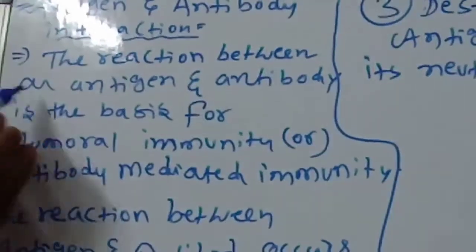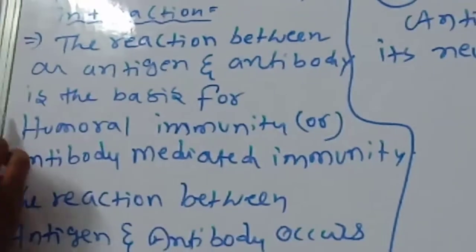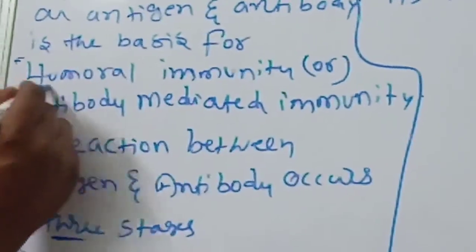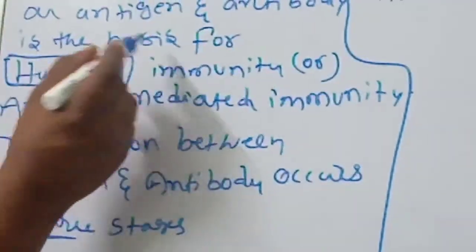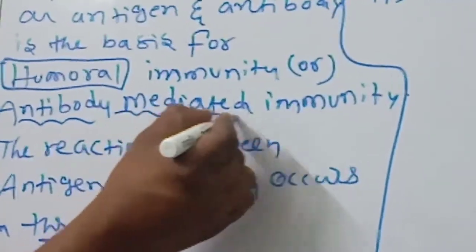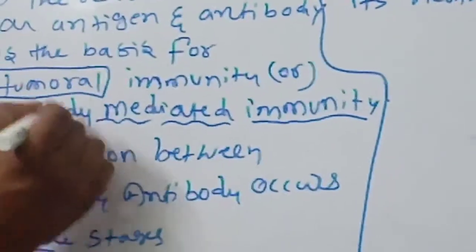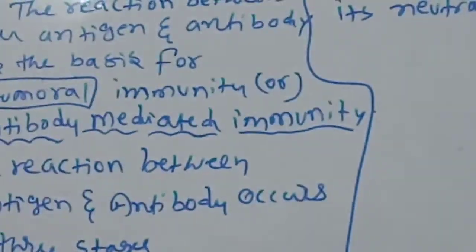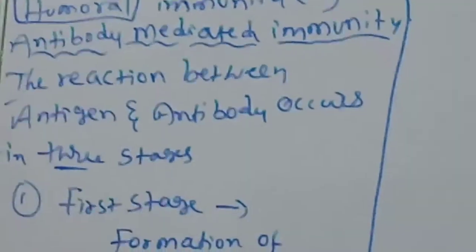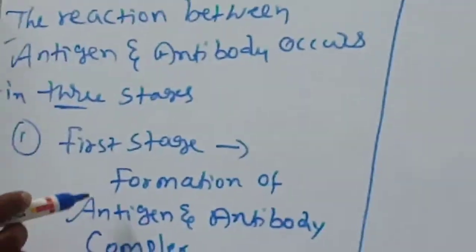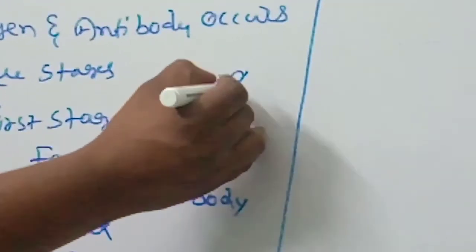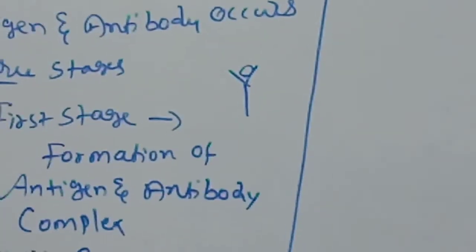The reaction between an antigen and antibody is the basis of antibody mediated immunity, which is called humoral immunity. The reaction occurs in 3 stages. First stage, formation of the antigen antibody complex.